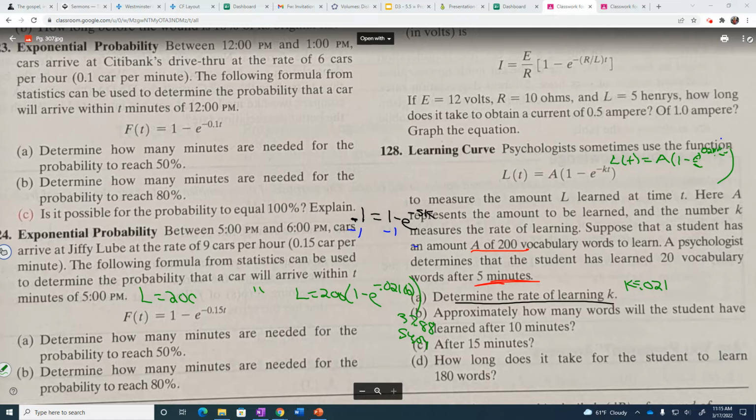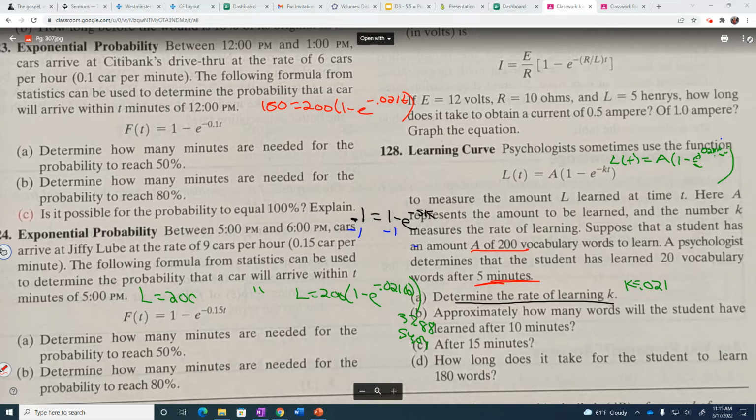And in the last step, we're going to solve for t, because it's asking how long. So 180 words would be 180 equals 200 times 1 minus e to the negative 0.021t. So we're solving for t. And so we just go through all of our steps. We divide. We subtract 1.